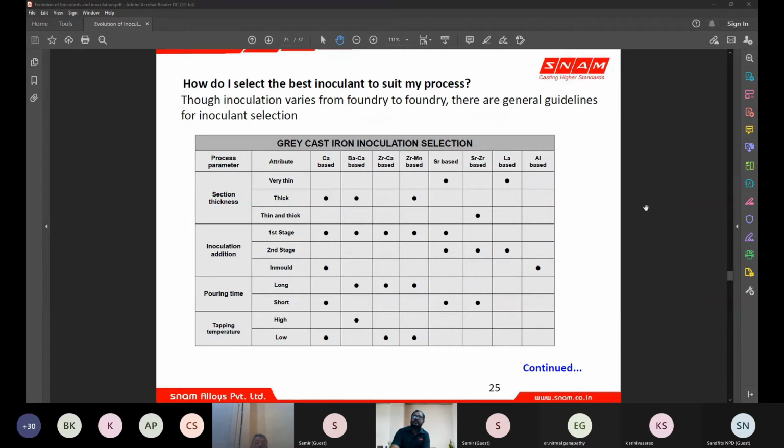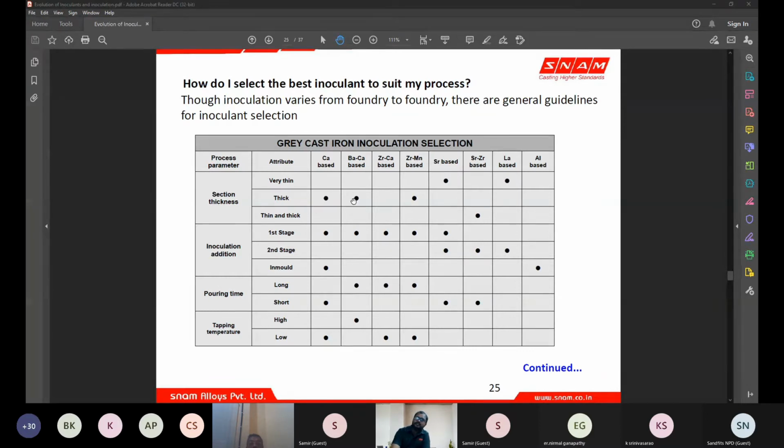So out of our experience, our database and customer foundry feedback, for gray cast iron, with different process parameters like varying section thicknesses, different inoculation addition, long and short pouring time, and high and low temperature, the inoculant selection is done in this way.